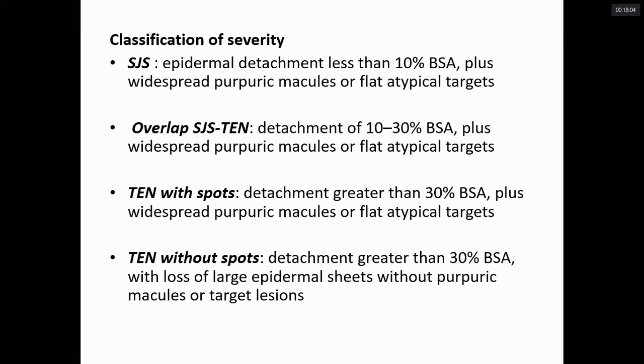And if more than 30% of body surface area is involved, it is called TEN. TEN is further classified into TEN with spots and TEN without spots. TEN with spots means detachment of more than 30% body surface area plus widespread purpuric macules or flat atypical targets. In TEN without spots, there are no purpuric macules or target lesions.